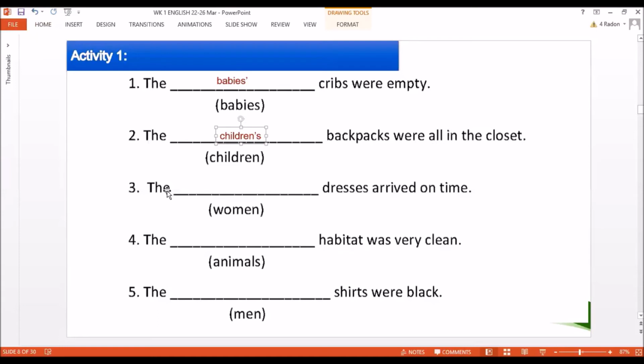Next, the women's dresses arrived on time. So do we add apostrophe S or add only apostrophe?